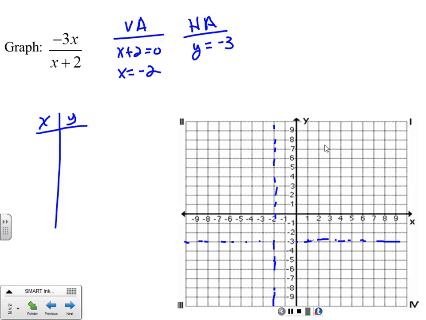What if we plug in 0? That's an easy one. What are we going to get? I'm thinking 0, right? What happens if I plug in a -3?